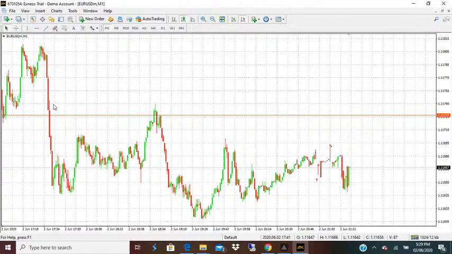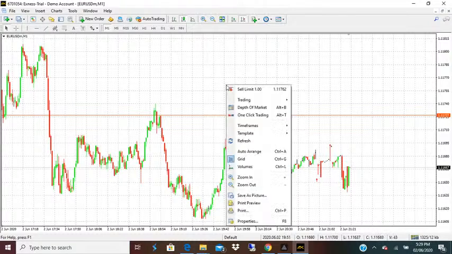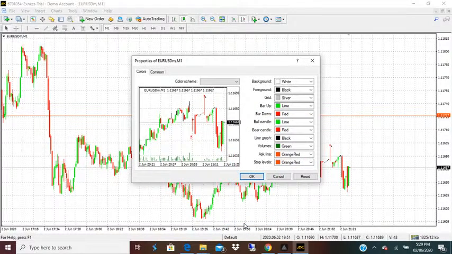So what I want to do next, right, is you see these boxes here, square boxes through the whole chart. I don't like to see that. That is just too gibberish for me. So I want to remove it. So you go back to properties, right?